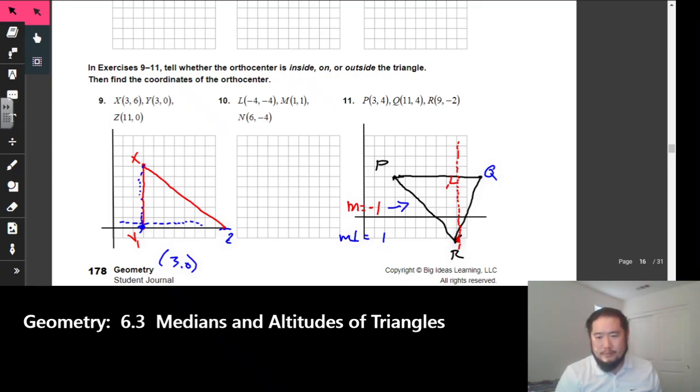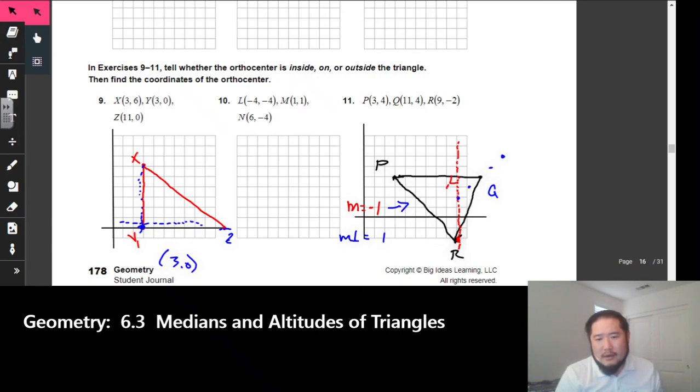So you start from this point and count the slope. It's going to go up one, to the right one, up one, to the right one, and you keep going. It'll actually go the same way in the opposite direction.